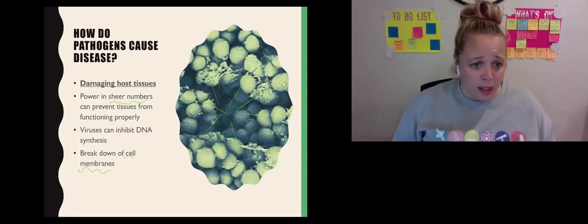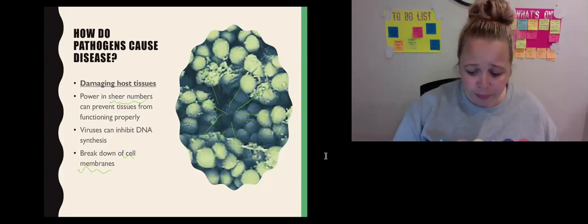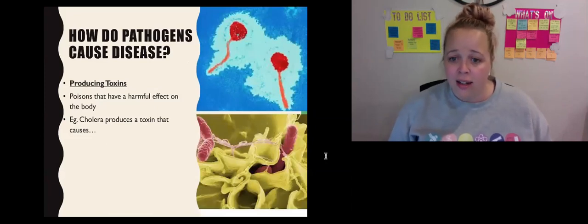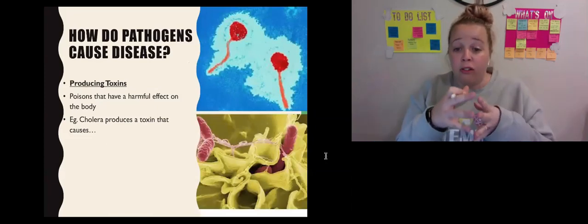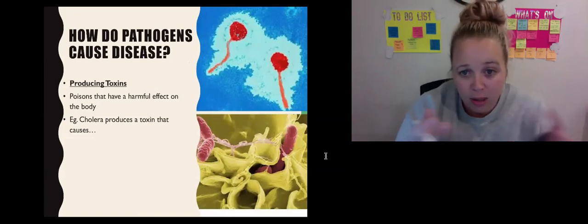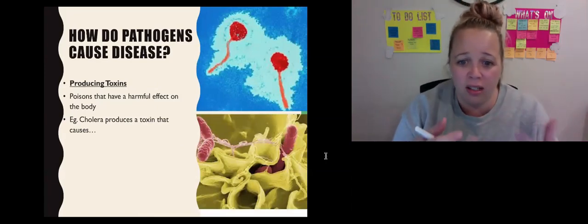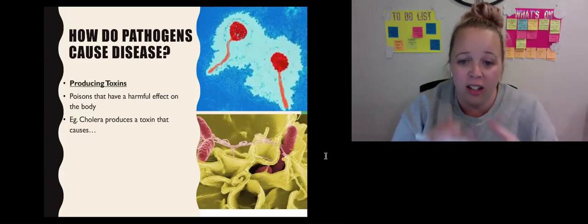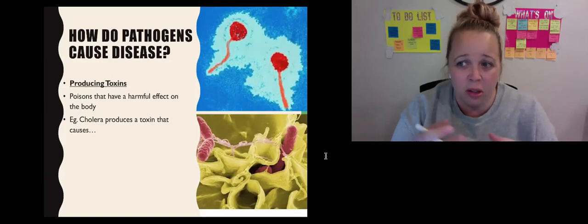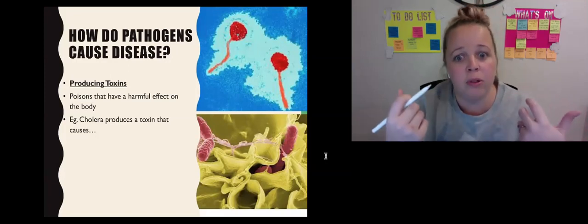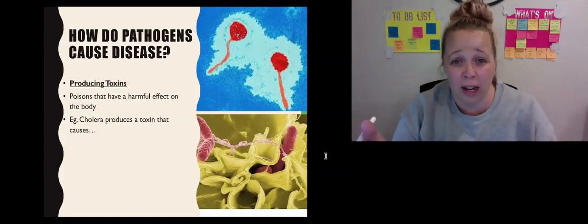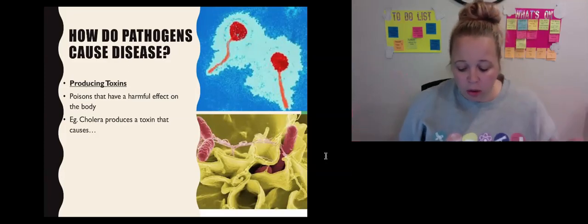The next way that they can cause damage in your body is that they can produce toxins. If they're a bacterium or a fungus in particular, they can secrete chemicals or toxins, and each one of those is going to cause a different effect. So cholera produces a toxin that causes diarrhea. It causes your large intestine to not reabsorb water, and so the water stays in your poo, so you poo out watery poo. Yuck. But that's caused by a toxin.